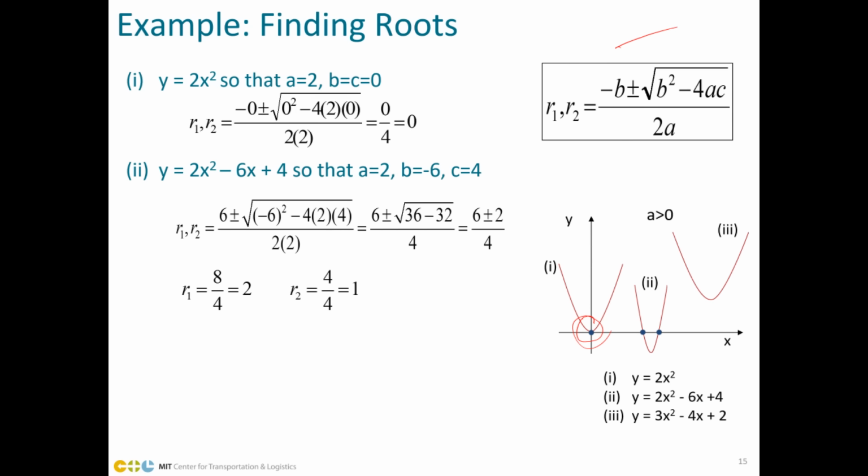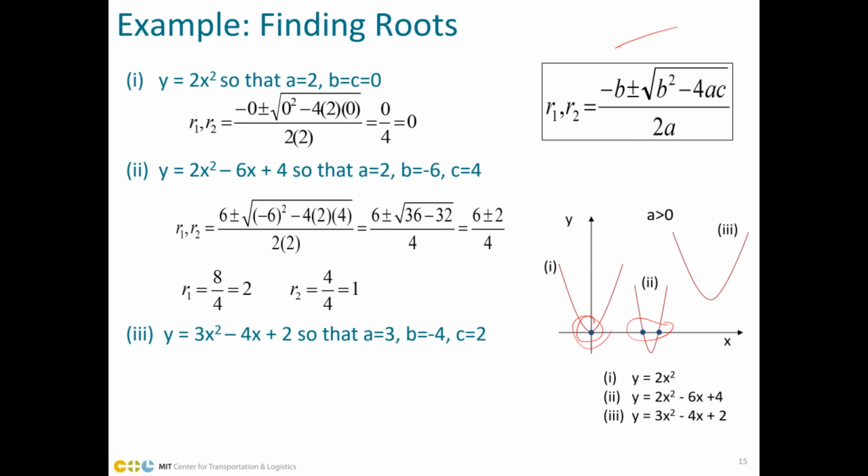So 6 plus 2 divided by 4 is 8 over 4, which is 2, and 6 minus 2 over 4 is simply 4 over 4, or 1. So in this case, I have 2 roots, one at 1 and one at 2. So at the values of both x equals 1 and x equals 2, I will have a value of y of 0.